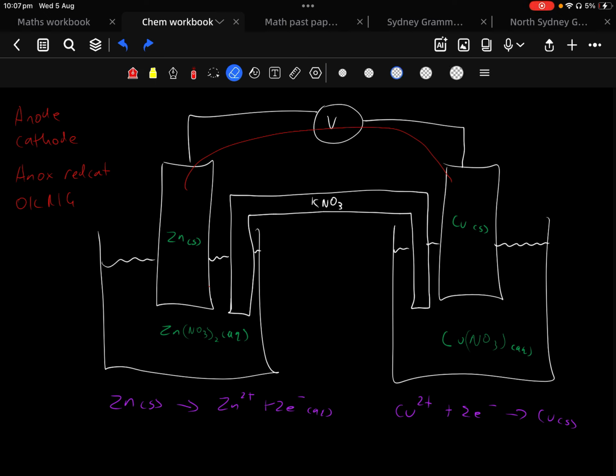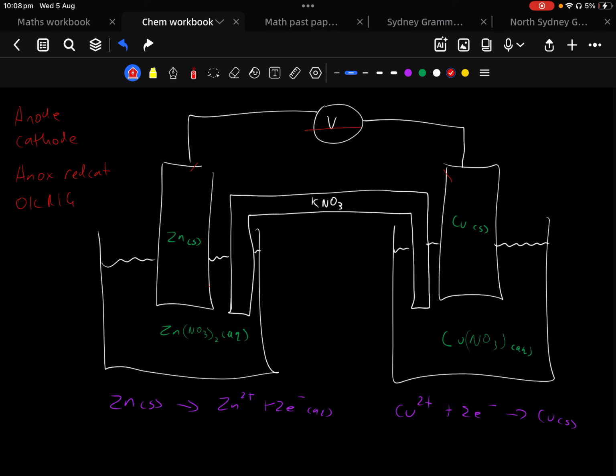So basically, how a galvanic cell works to create electrical energy is that in our redox reactions, our metal wants to be in a solution as it's more reactive.